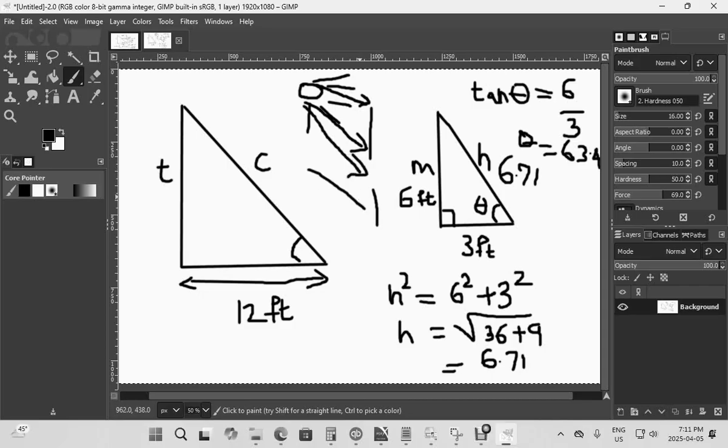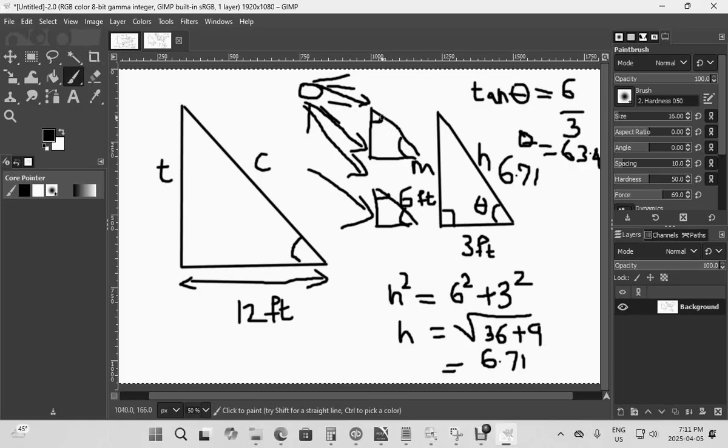So we know that this angle will be the same. This is the angle at which the sun rays cast the shadow.